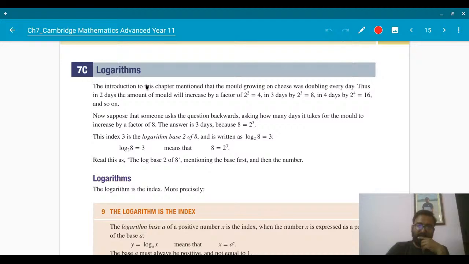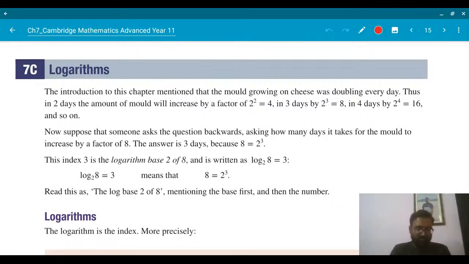Okay, from the exponents. So the logarithms, 7c is the logarithms. The introduction to this chapter mentioned growing on cheese was doubling every day.